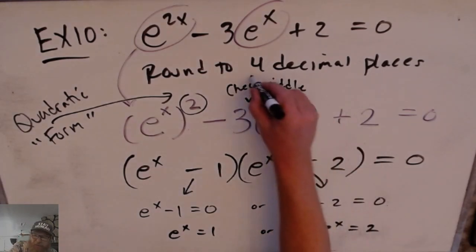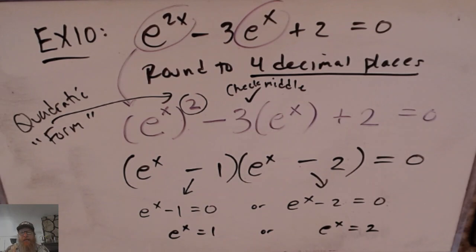I said round these to 4 decimal places. It turns out that only one of these requires decimals. That would be e to the x equals 2. For e to the x equals 1, you just do the ln of 1, which automatically comes out to be 0. So no calculator is required for ln of 1.